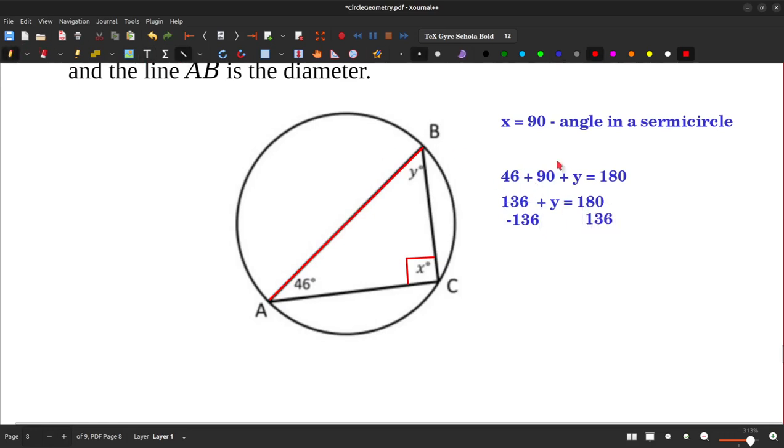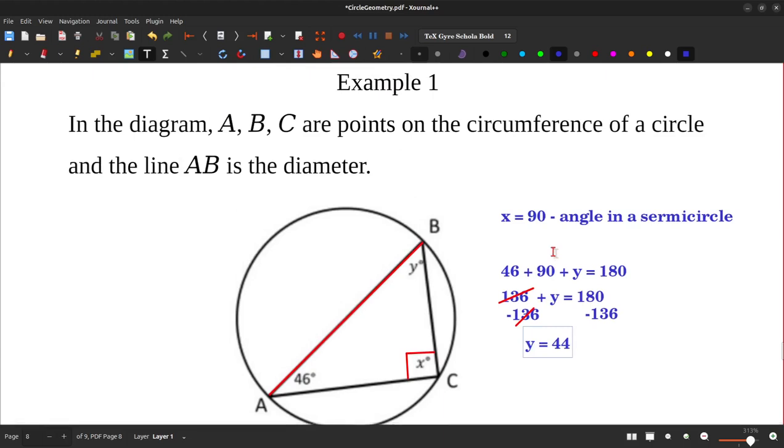Then this one is going to be cancelled out by this, because they have different signs here, as you can see. So they give us 0, so that on the left we are left with y being equals to 180 minus 136, that's giving me 44 degrees. And that's it for the first example. So the trick here was you identifying that this is a diameter, so this is 90.